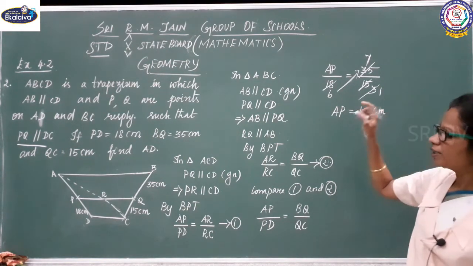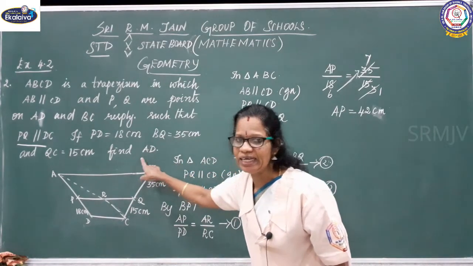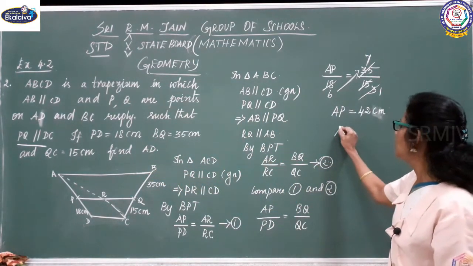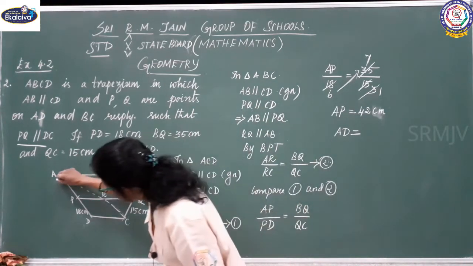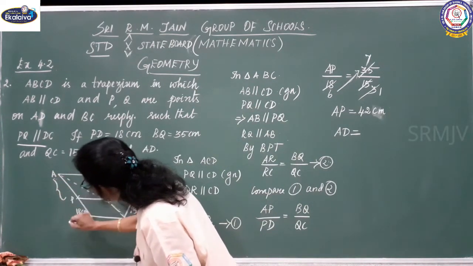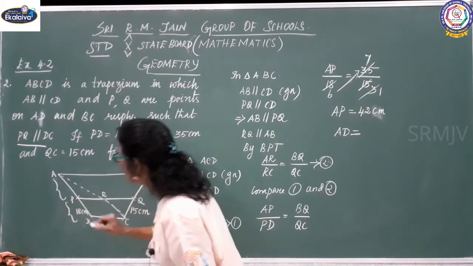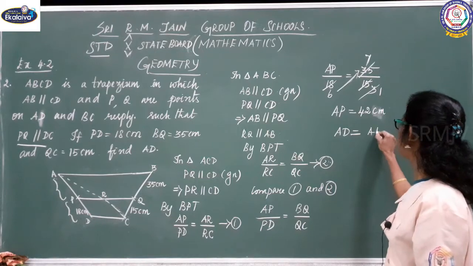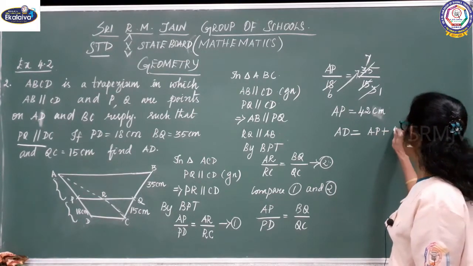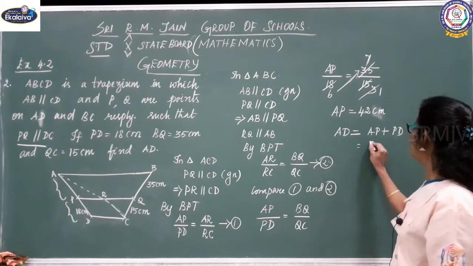But what they are asking is to find AD. How to get AD? AD equals AP plus PD. What is AP, children? We got it as 42.